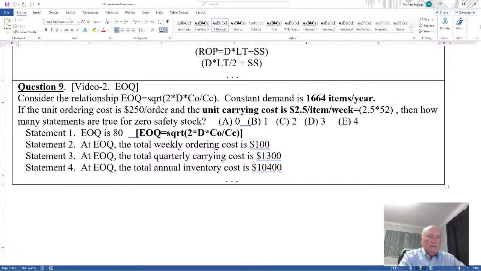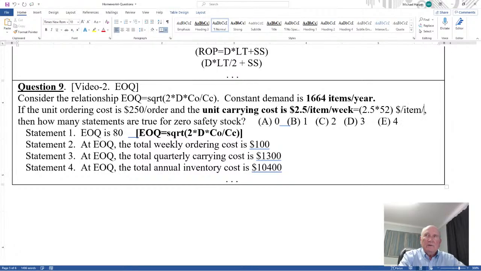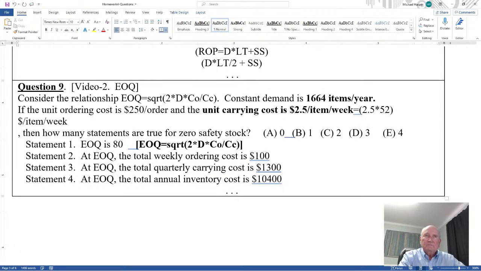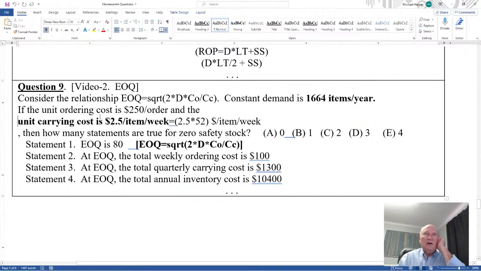And that's going to be dollars per item per week. Okay, I would transform the carrying cost to weeks per year. I multiply by 52. So if that's the cost per week times that, that is going to be per year. So I would transform this to years.